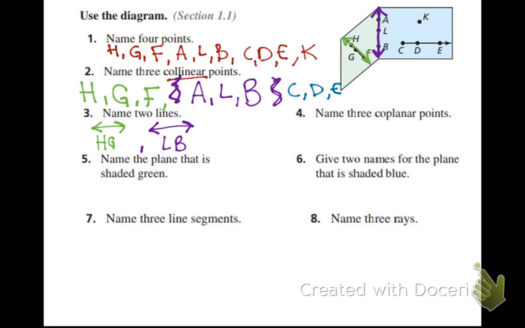Make sure when you're taking your quiz that you actually pay attention to how you're naming things. I had a kid last hour, it said, name a point, and his answer said plane something. Well, if I ask for a point, how many letters are you using? 1. And did I ask for a plane? No, I asked for a point. So make sure you're reading and you label correctly.